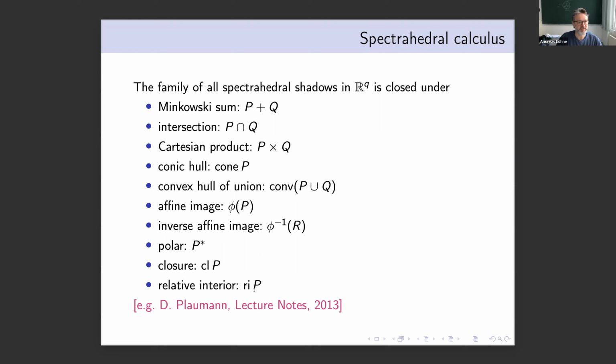At this point, I should say that a spectrahedral shadow is in general not closed. And therefore, this closure operation makes sense here. Okay, that means in the framework of spectrahedral shadows, we have a similar setting like in the polyhedral case. We could think about such a spectrahedral calculus.